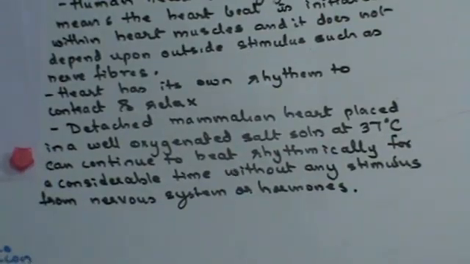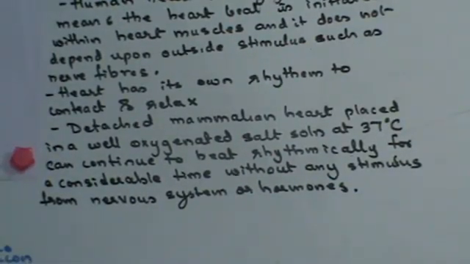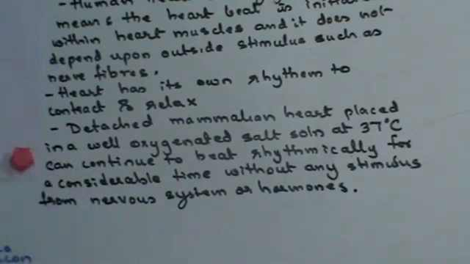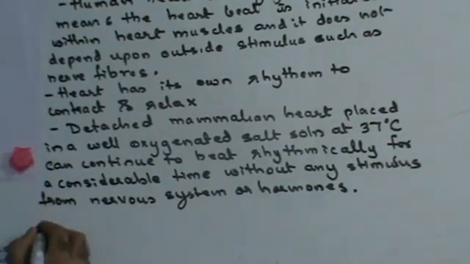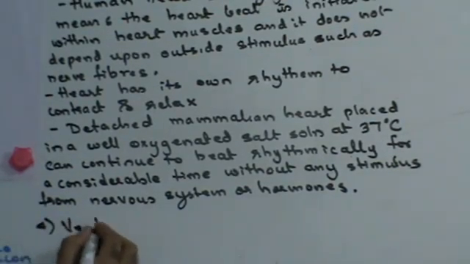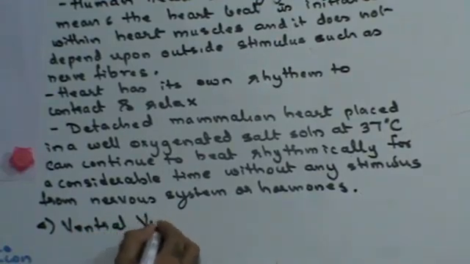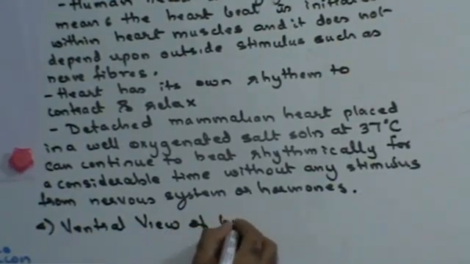Now, the heart with dorsal and ventral views. Let's see the dorsal and ventral view and see what we can see in the human heart. First, let's see the ventral view. Just write that down first. Ventral view of human heart.